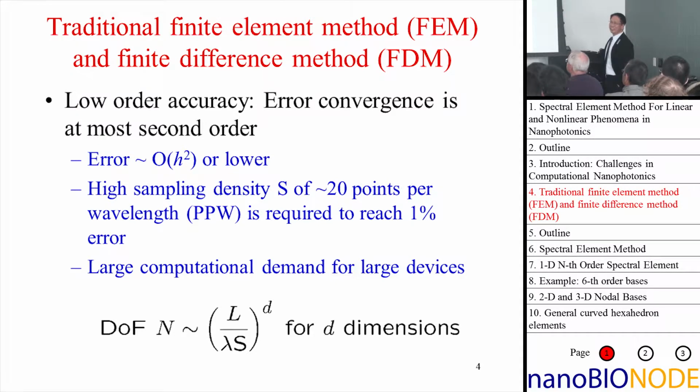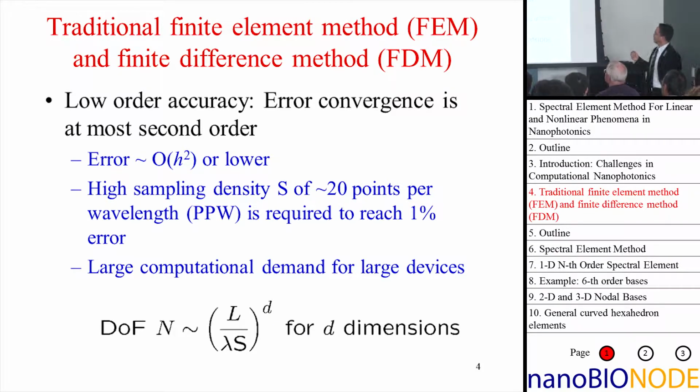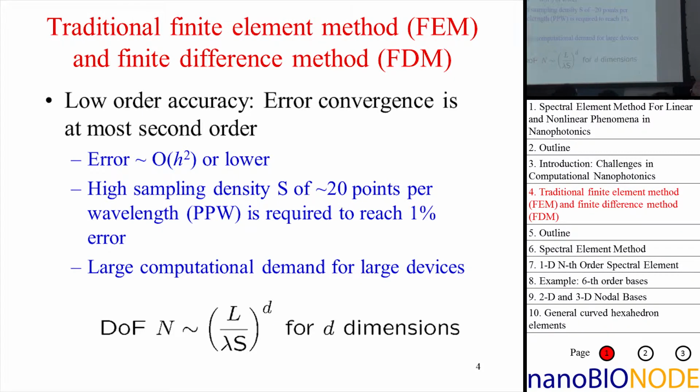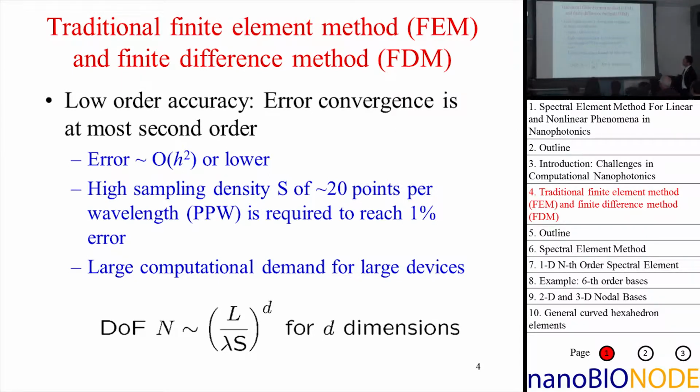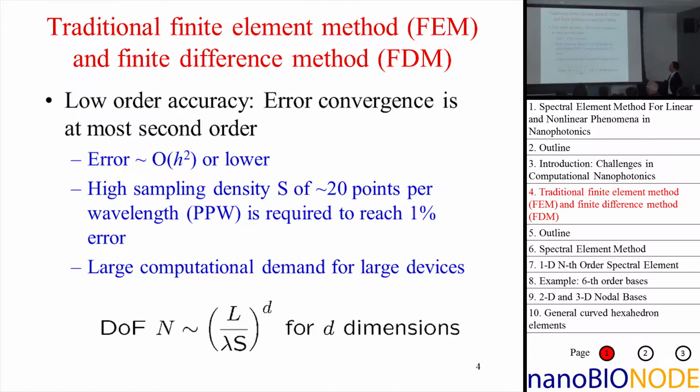Therefore, you need a very large sampling density in space, for example, 20 points per wavelength in order to reach an error of 1%. So for a very large computational problem, if the dimension of the problem is L, the wavelength is lambda, and the sampling density is S, meaning how many points per wavelength you have, then for a d-dimensional problem, the number of unknowns, or degrees of freedom, is proportional to (L divided by lambda S) raised to the dth power.